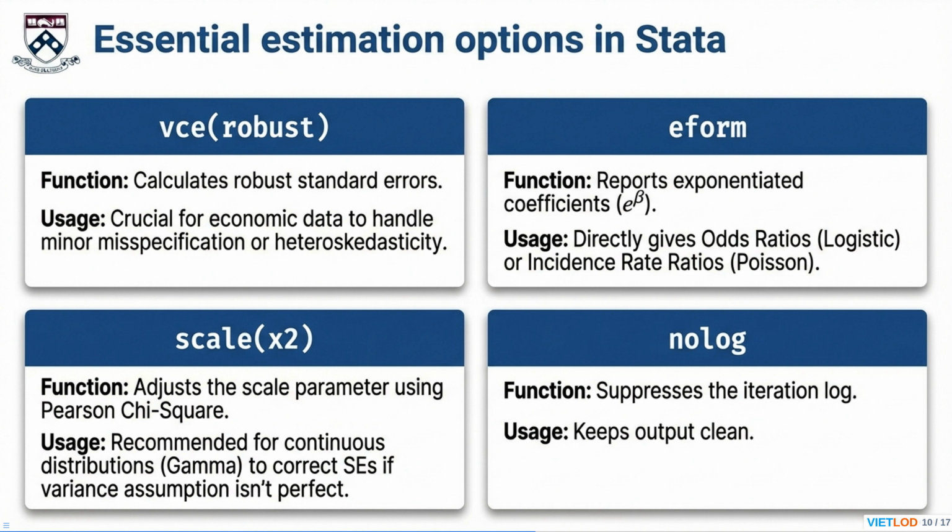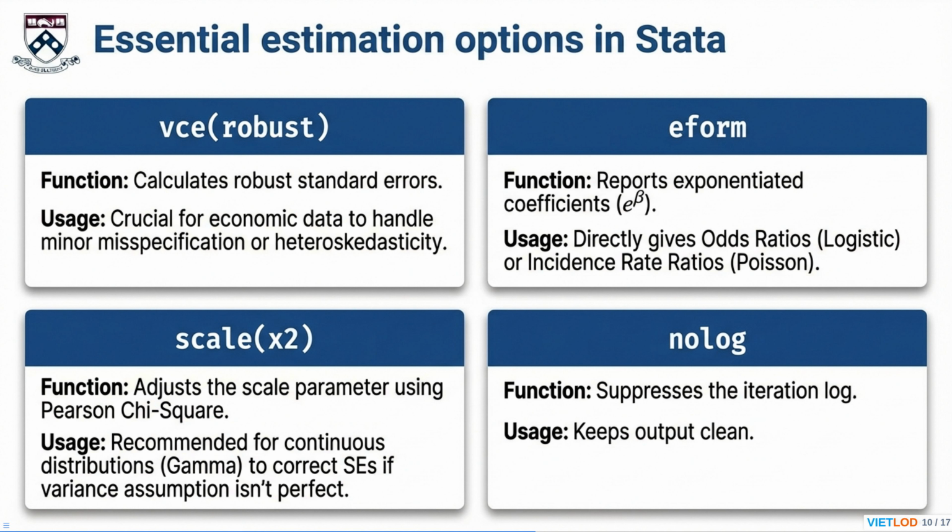For economic data, where perfect model fit is rare, you should almost always use this. Next, the E-form option is a huge time saver. It tells Stata to report the exponentiated coefficients, e to the power of beta, directly. This gives you easily interpretable odds ratios for logit models or incidence rate ratios for Poisson models, avoiding manual calculation.